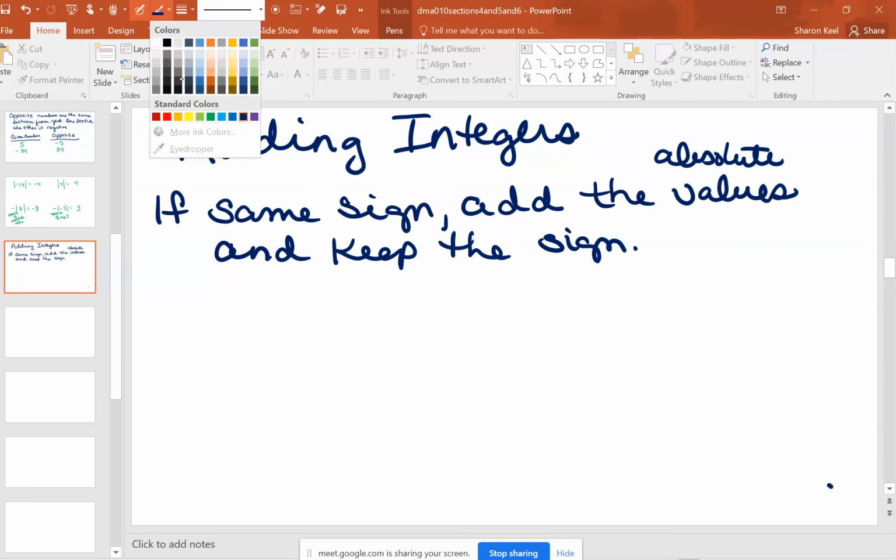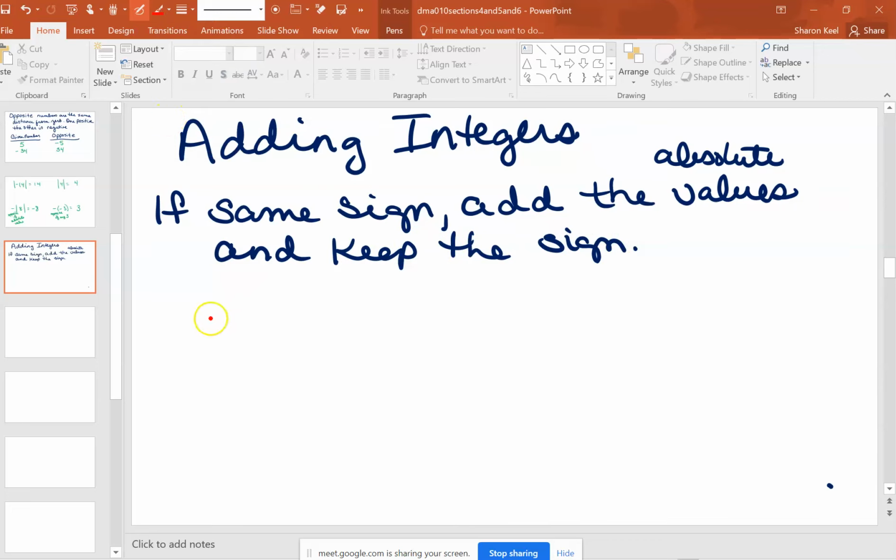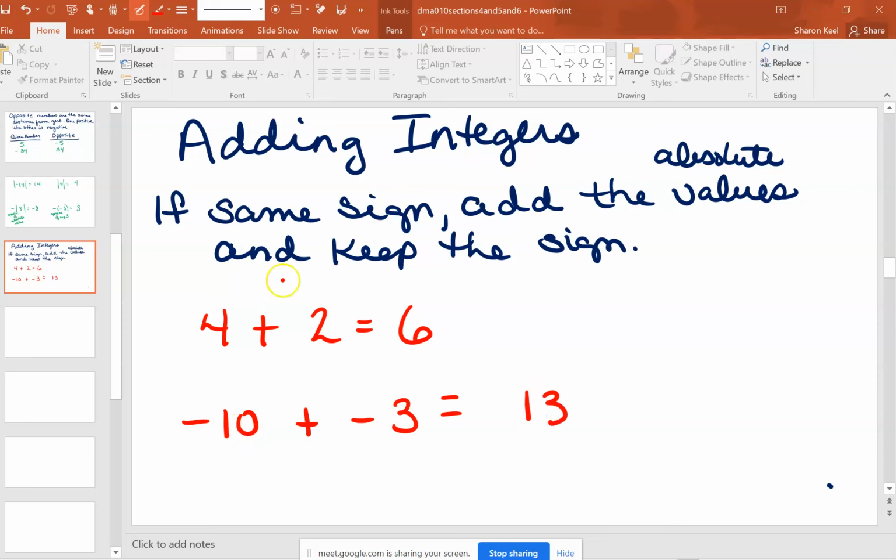So let me give you an example. If we have 4 plus 2, we're going to add 4 and 2. That gives us 6. If I'm going to add negative 10 plus negative 3, they're both negative numbers. They have the same sign. I'm going to add 10 and 3. That gives me 13. I'm going to keep the original sign they had, so that would be a negative 13.